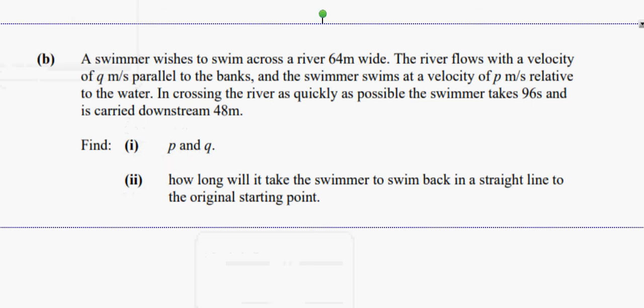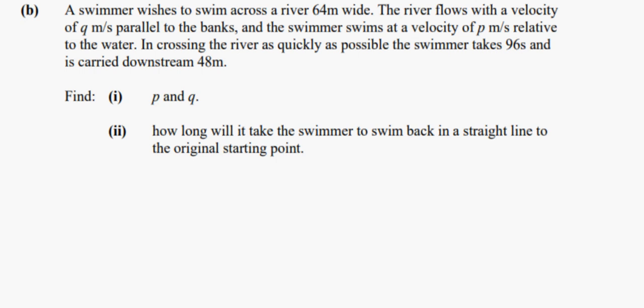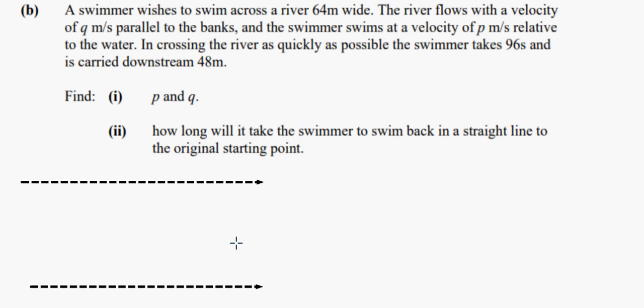Now, next question. A swimmer wishes to cross a river. The swimmer wants to cross the river as quickly as possible. What does that mean when you do it as quickly as possible?